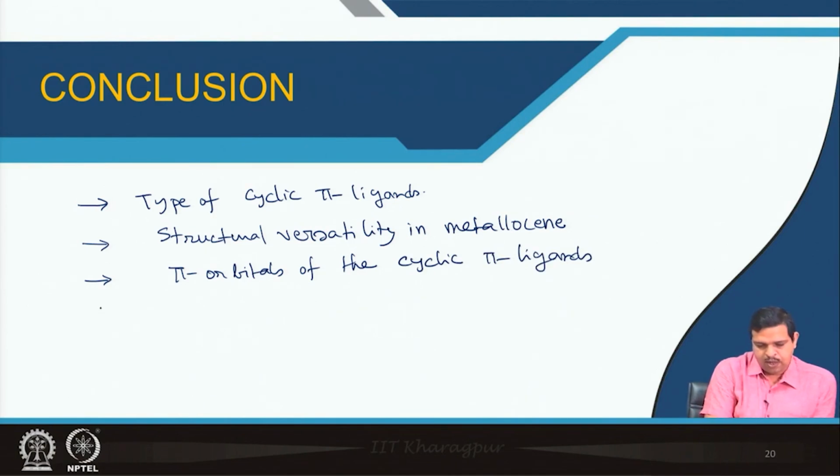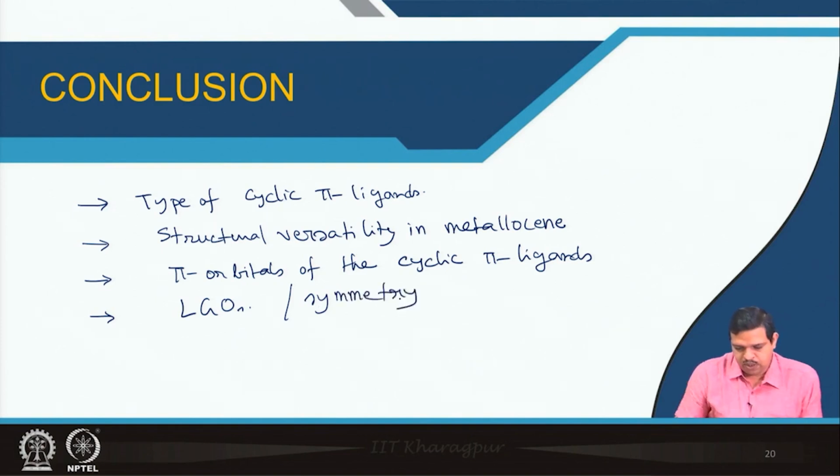Then we constructed the LGO, and we understood how these can interact with the metal orbitals of the perfect symmetry.